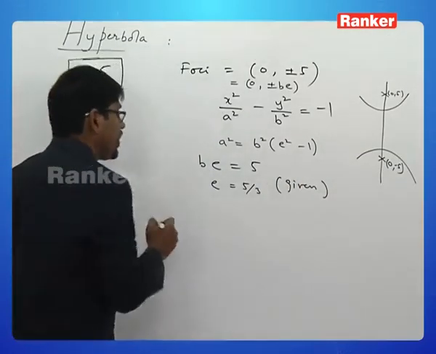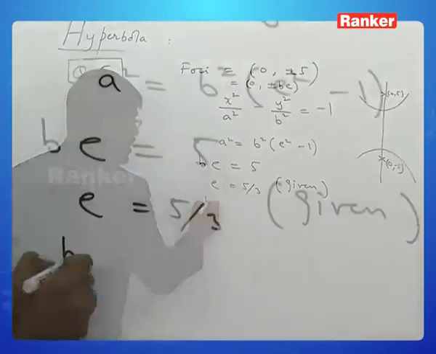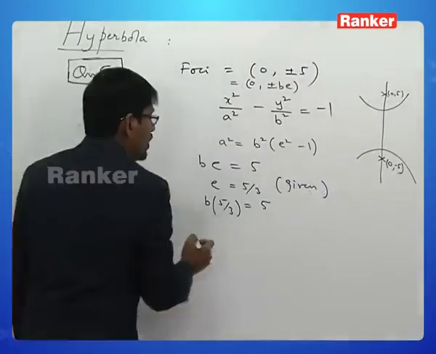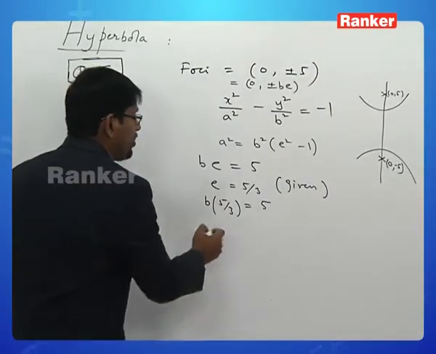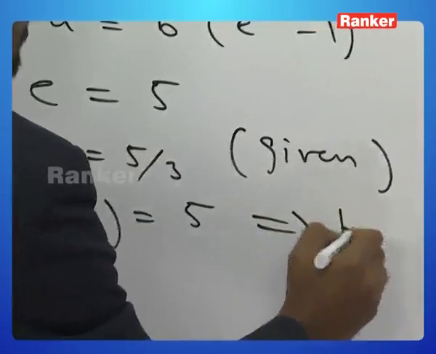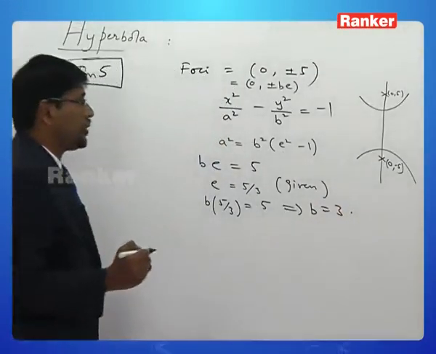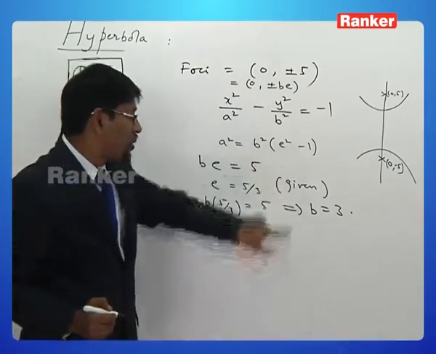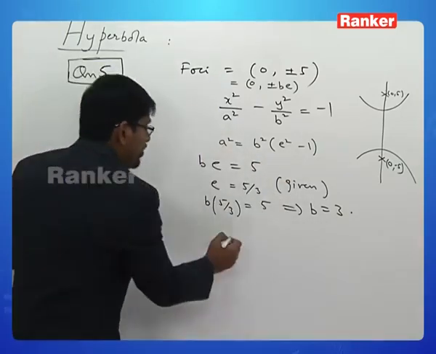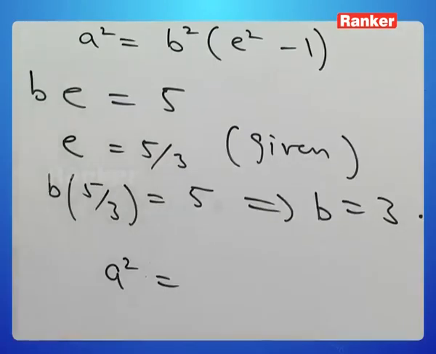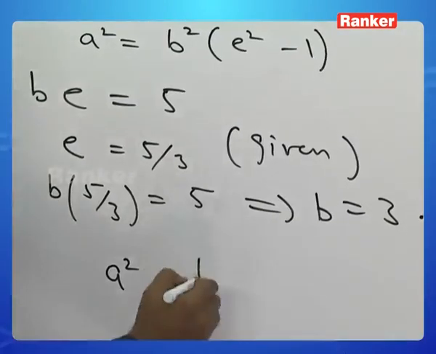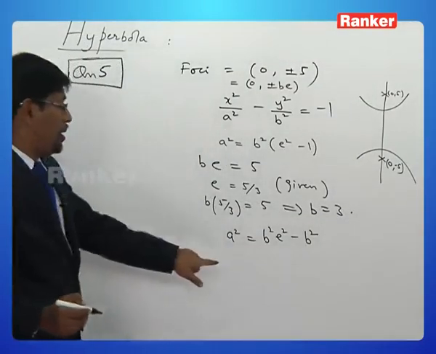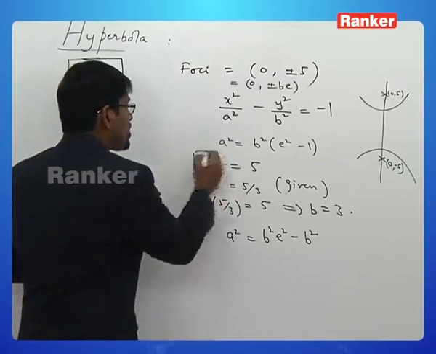So clearly we will write b into 5 by 3 is 5. So what should b be? This implies b is equal to 3. Now BE is 5 and b is equal to 3 here. So I'll substitute and find out the value of a square. A square is equal to b square e square minus b square. What is BE? BE is 5 units.